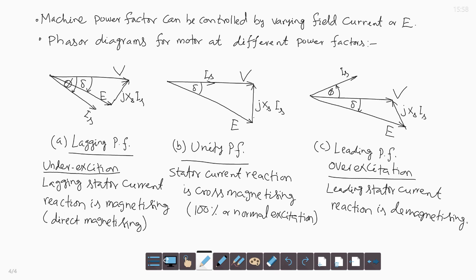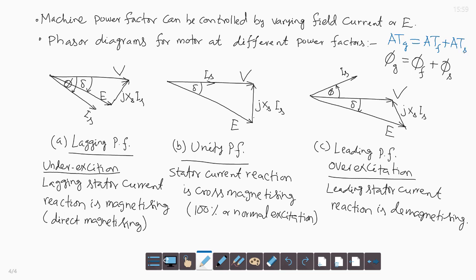So all the time we can say the air gap MMF equals field MMF plus stator reaction MMF. In terms of MMF, let us write AT_G equals AT_F plus AT_S, stator MMF.